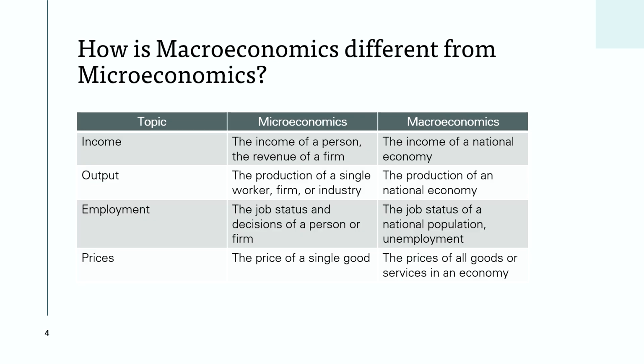In contrast, microeconomics focuses on individual decision makers, such as consumers or firms. Microeconomics asks questions like how do consumers decide what they want to buy? And how do firms decide how much they should produce?